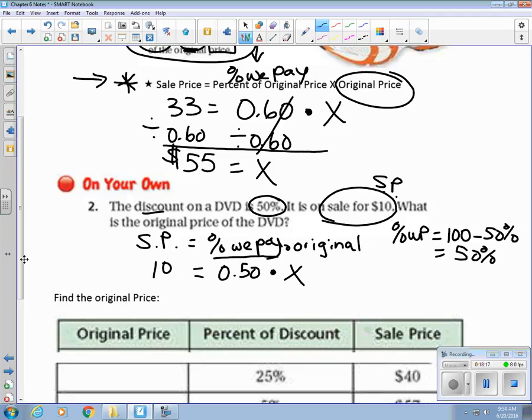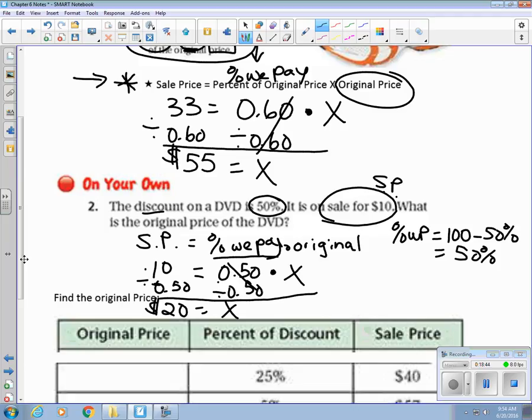It's being multiplied by 0.50, so I'm going to divide by 0.50 on both sides. These are going to cancel out, and X is going to be equal to 10 divided by 0.50, which is $20. So the original price was $20.